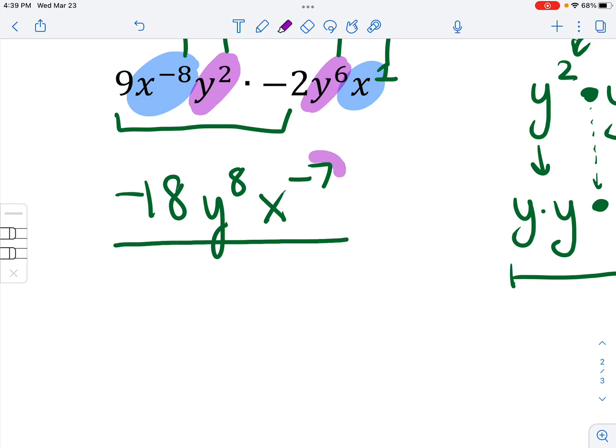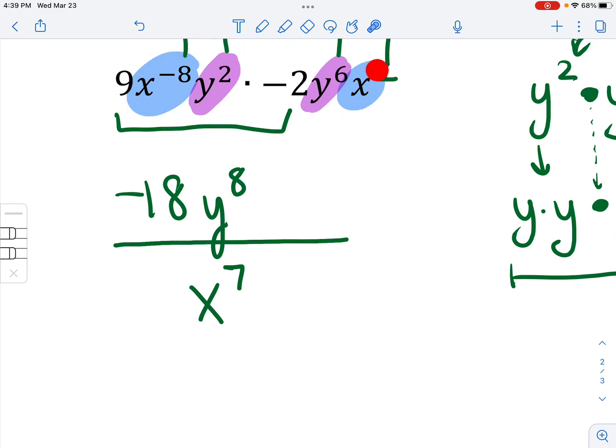That's the problem. It's directly attached to that x, so fix it by moving it downstairs. When you change the location, you change the sign of the exponent, not the x itself. So move that downstairs. And again, I don't have a problem with negative 18. Negative 18 isn't an exponent. It's a coefficient, so you leave it alone.